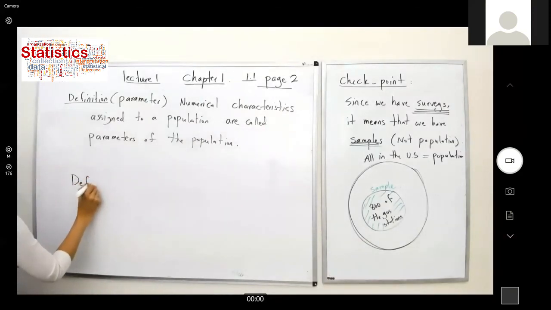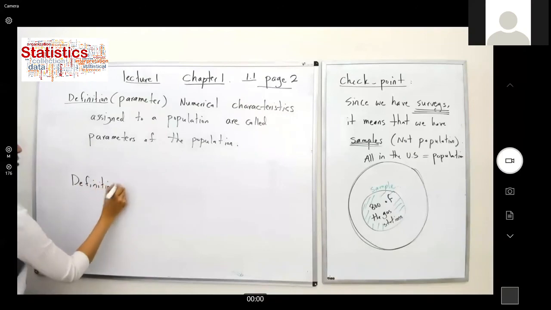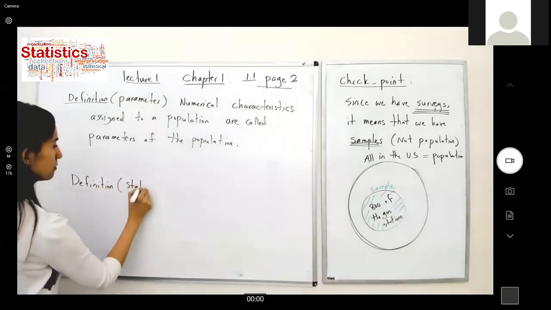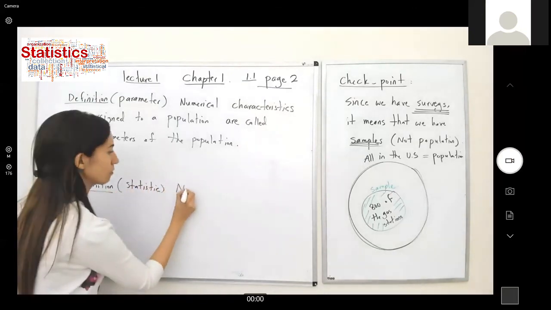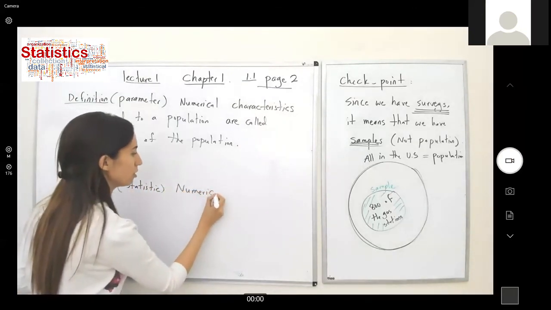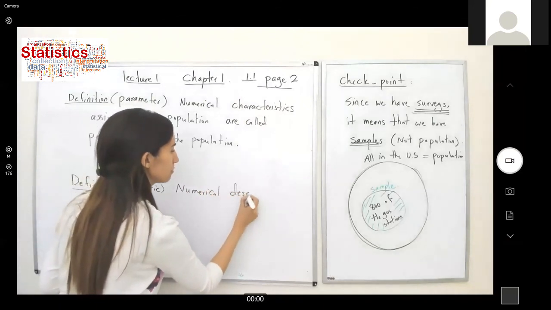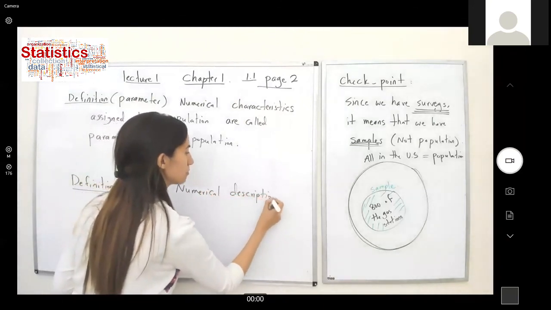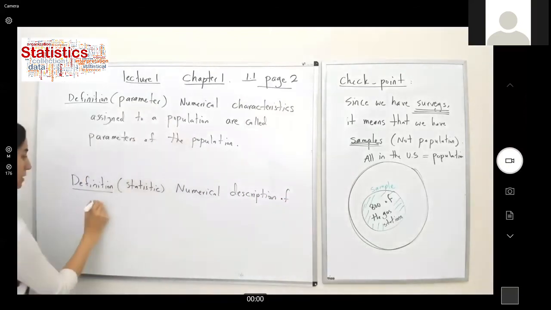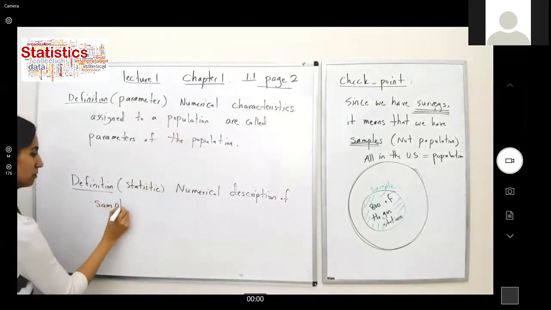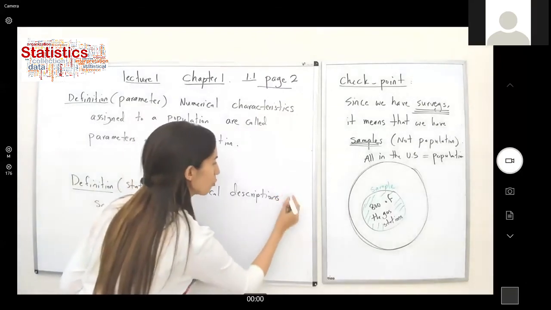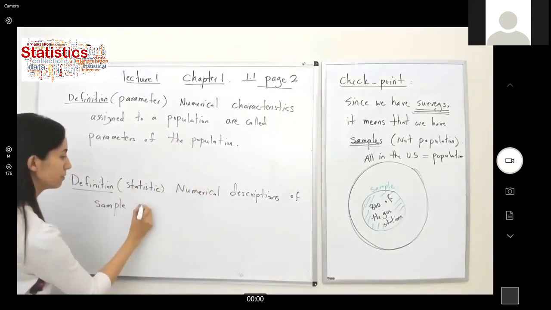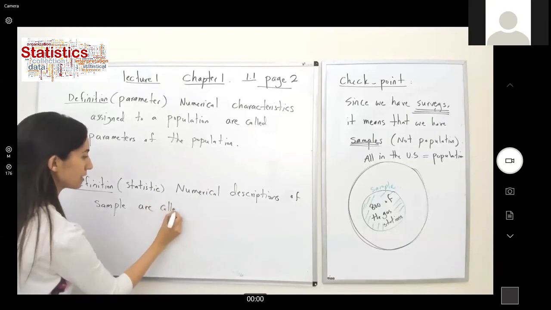So a numerical description of a sample is called a statistic.